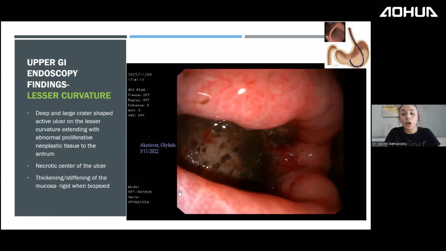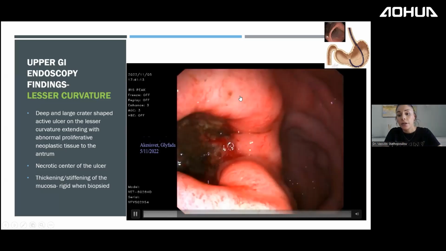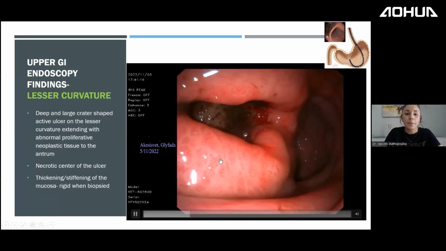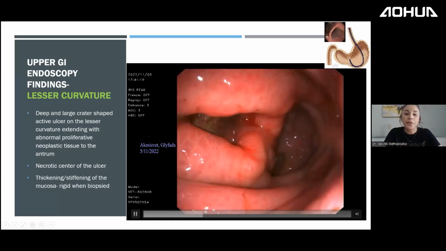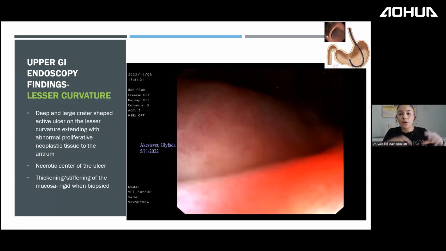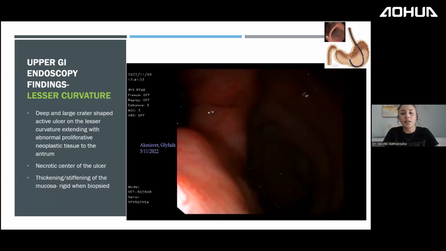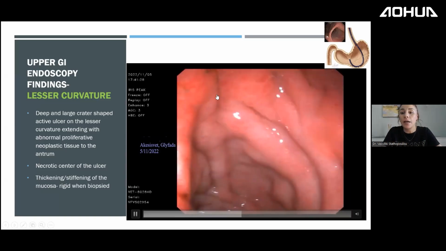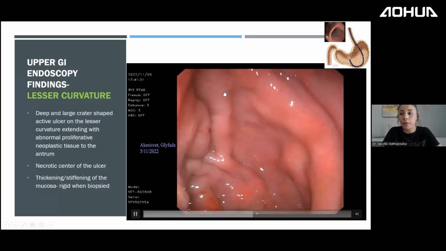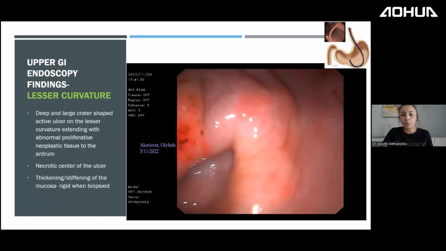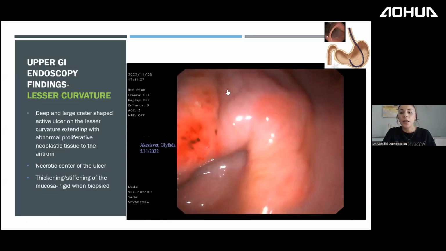So you see the necrotic center, the crater in the incisura angularis, thickening of the mucosa. The periphery of these ulcers tends to be very thick. And as you can see here, the mucosa is infiltrated by neoplastic cells, because it's highly probable that this is neoplastic tissue.